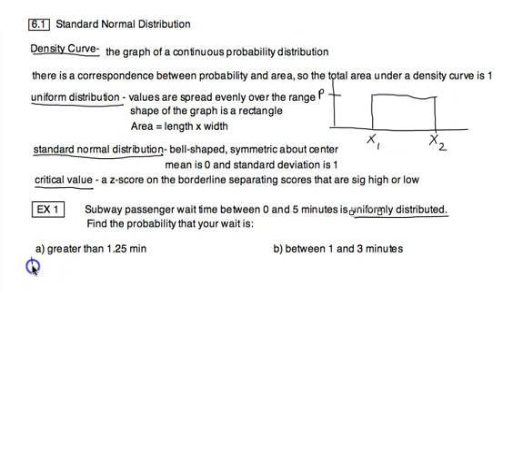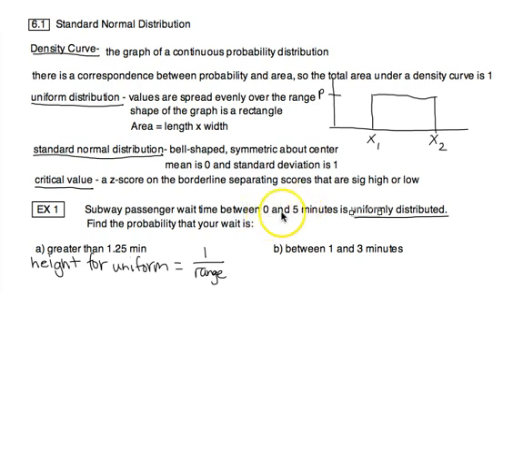When we have a height for a uniform distribution, it's always going to be 1 divided by the range. Because that's going to be the probability of each individual piece. So in this case, we have wait time between 0 and 5 minutes.